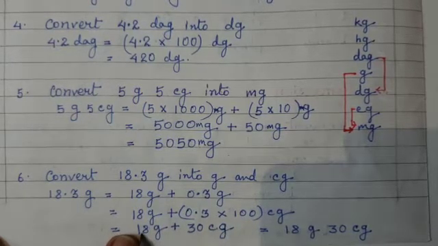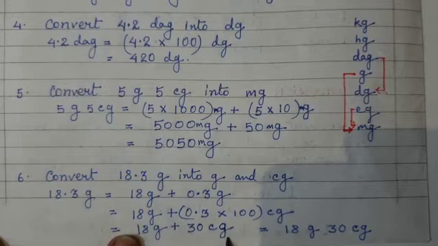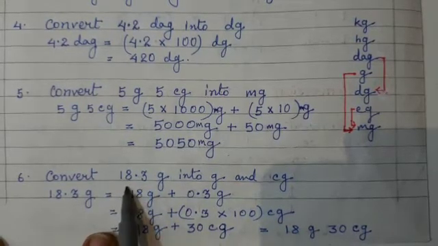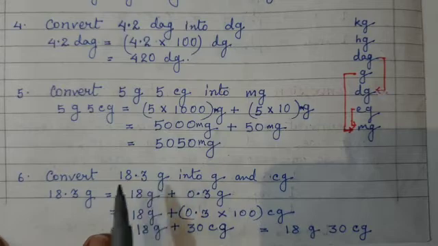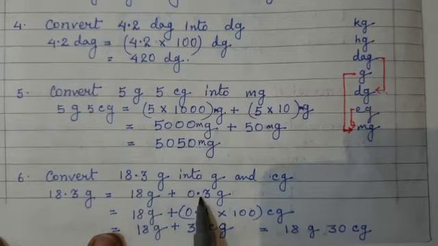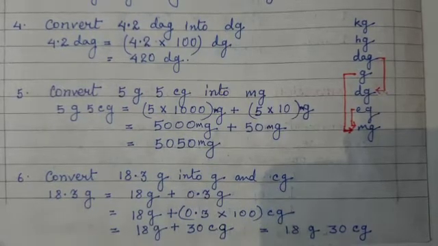So therefore, it is 18 gram plus 30 centigram. Finally, we can say that it is 18 gram 30 centigram. So very importantly, we need to first separate the integral part and the decimal part. Integral part is already in gram and the decimal part you need to convert in centigram.